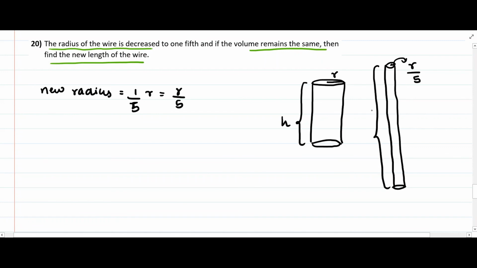So we'll name this as capital H. So new height equal to capital H. They have told volume remains the same. So volume of old wire equal to volume of new wire.